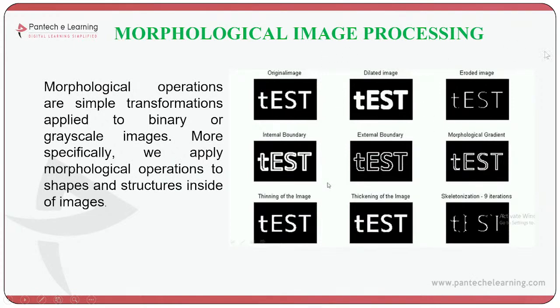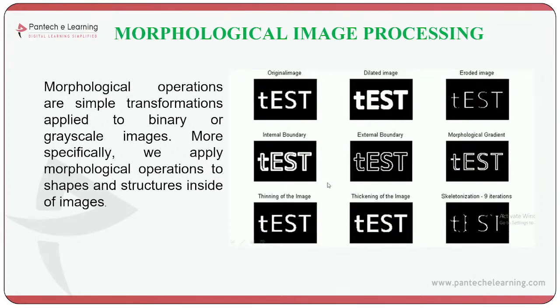Next is the eroded image, which is used to remove pixels. You can see the difference between the dilated image and the eroded image: in one we add pixels, and in the other we remove pixels from the object boundaries.